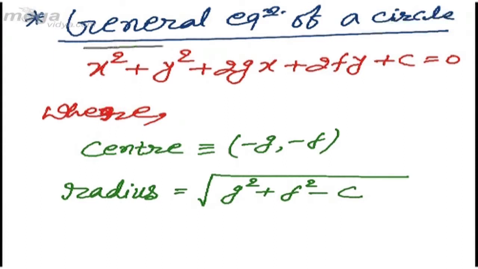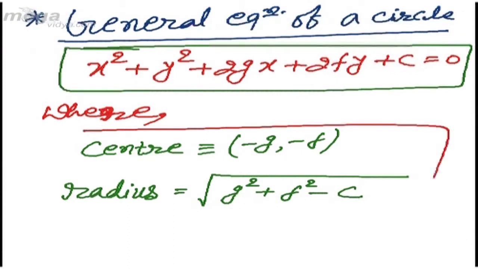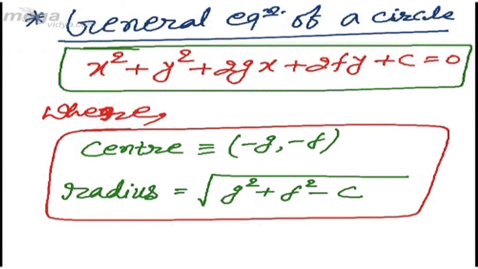So in this form of the equation, the center is minus g comma minus f, and the radius is root under g square plus f square minus c.